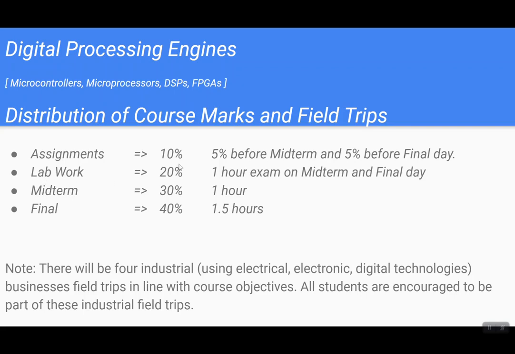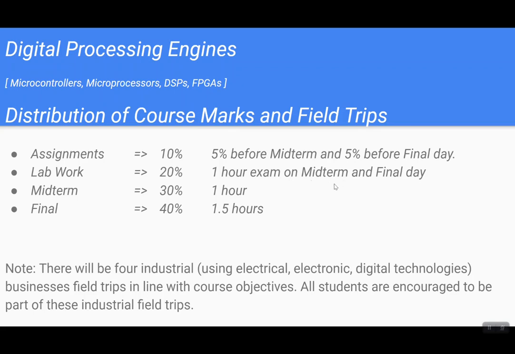The lab work will be 20%. You'll be tested on it on the day of the midterm and on the day of the final. So before the midterm, you will be given a 1 hour lab exam, and before the final day, you will be given a 1 hour lab exam, which is 10% weightage each, 10% for the final, 10% for the midterm.